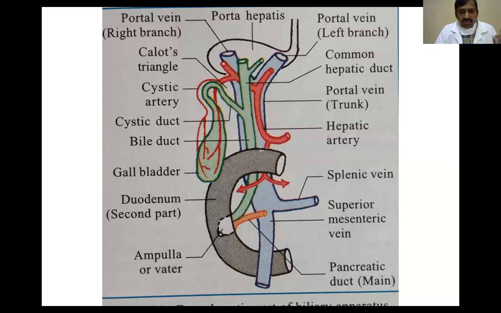That does not mean there is no chance of formation of gallstones in the male. There are chances in the male also, but it is more common in females: female, fatty, fertile, after 40.